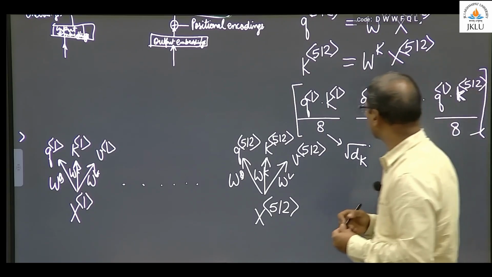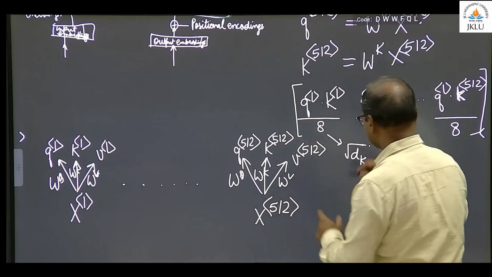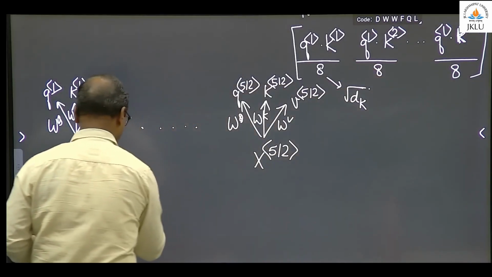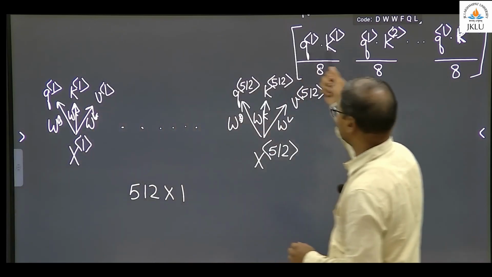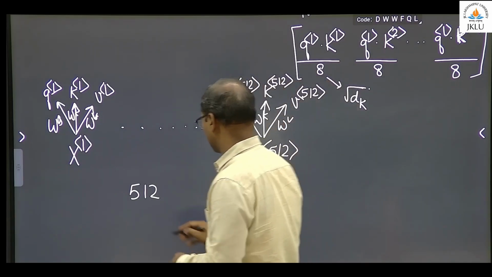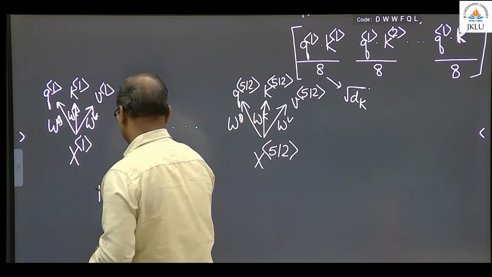What will be my final output? What is this particular vector? This is 1 cross 512.